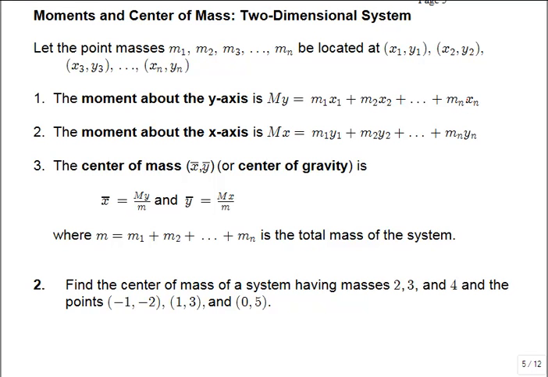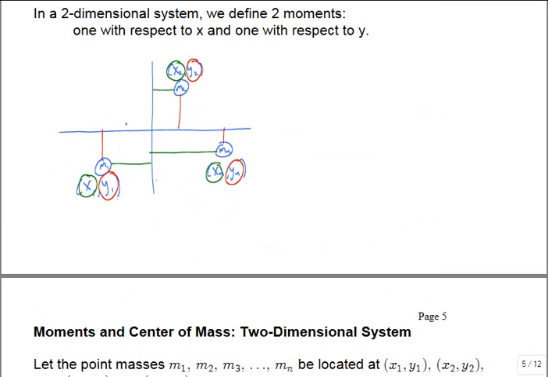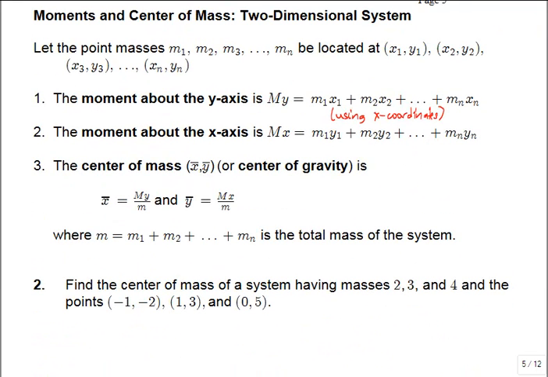So keep in mind here that we're finding the moment about the y-axis, but we're actually using the x coordinates. And the reason for that is from our picture that we just looked at up here. The distance away from the y-axis is actually the x coordinate. So that's why we're using the x's when we find the moment about the y-axis.